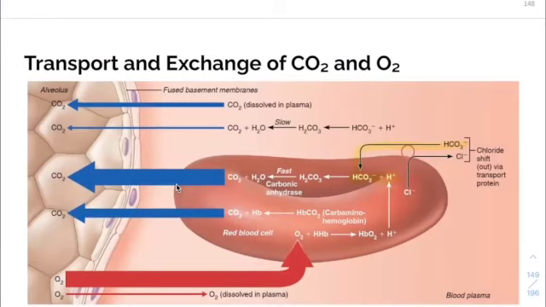It'll then make that carbonic acid. It's going to react with that enzyme carbonic anhydrase, and it'll make water and carbon dioxide. That carbon dioxide then leaves the blood cell, leaves the plasma, leaves that capillary, and goes right into the alveoli.